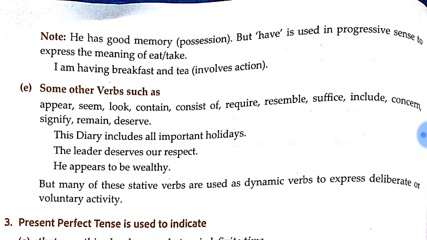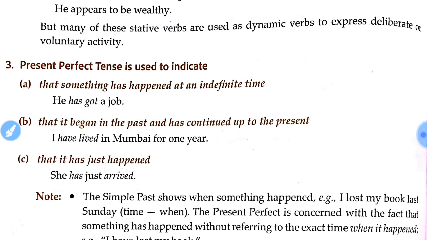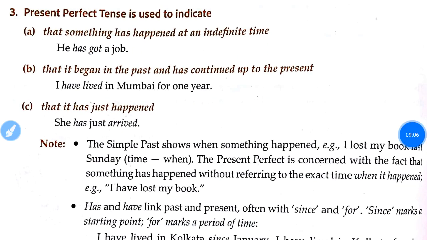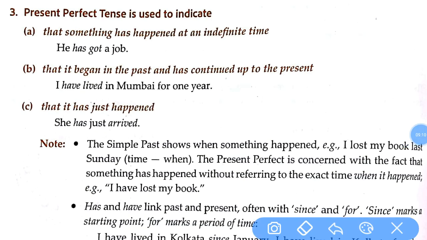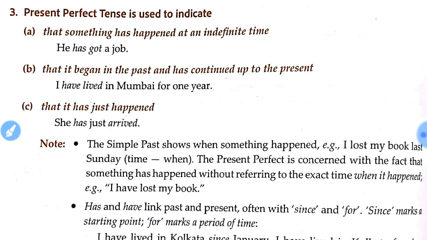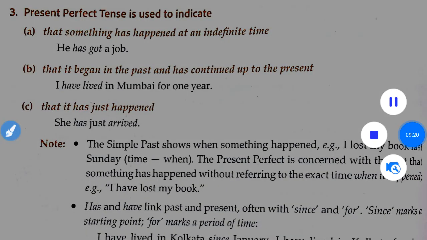Now let us see where the present perfect tense is used. Here we see the present perfect tense is used to indicate something that happened at an indefinite time.